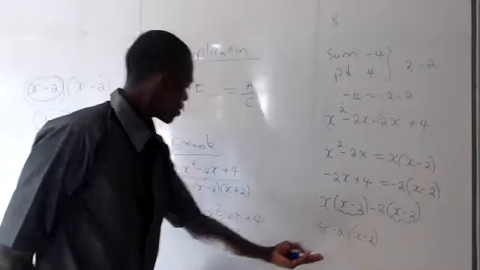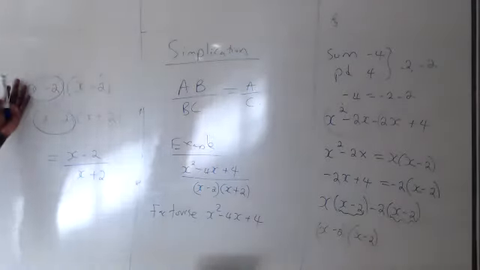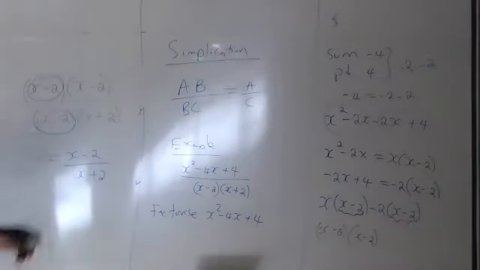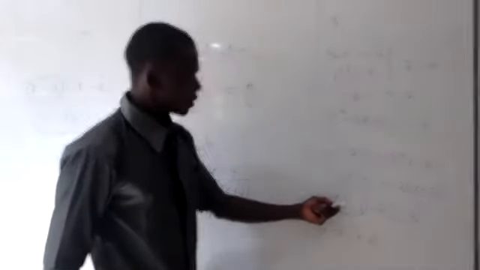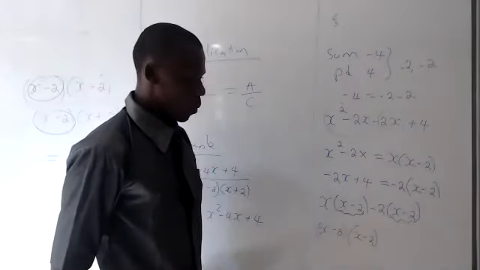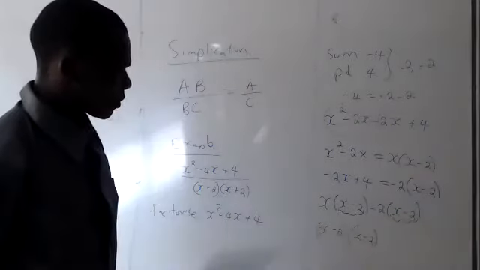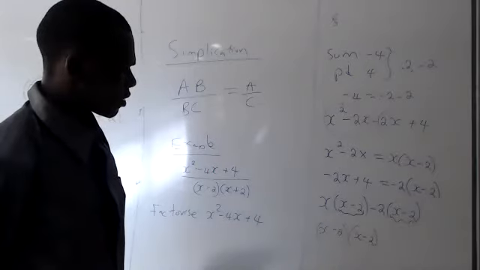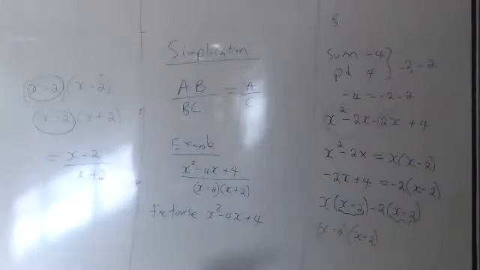Up here, yeah. Just the factorizing part. x(x minus 2) minus 2(x minus 2), that's what you should do. Just go over that part, please.